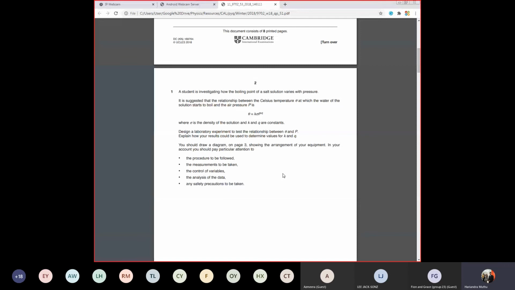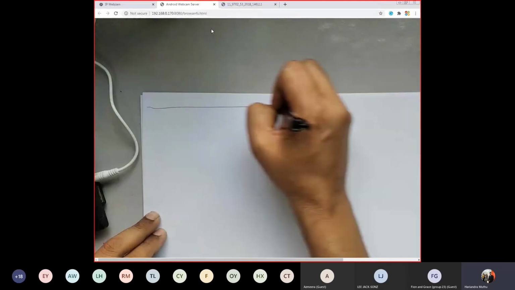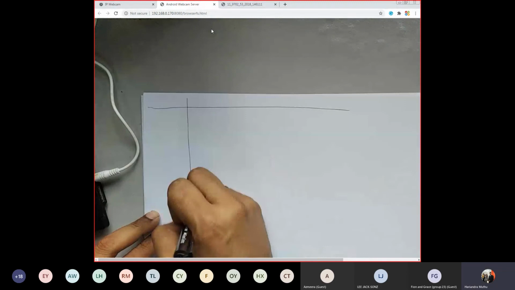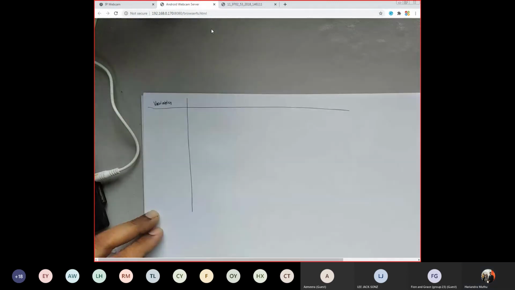Okay, so let's say now you have a scribbling paper. What you need to do on the scribbling paper is draw a simple table. Okay, so we have the variables, right?